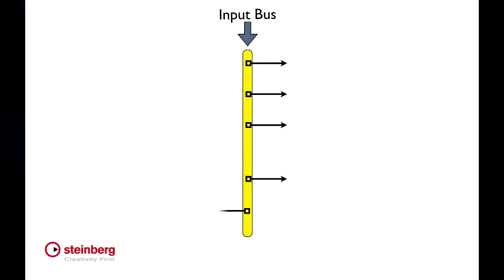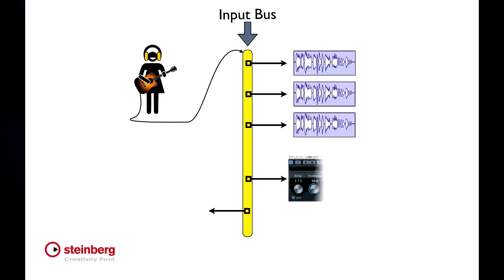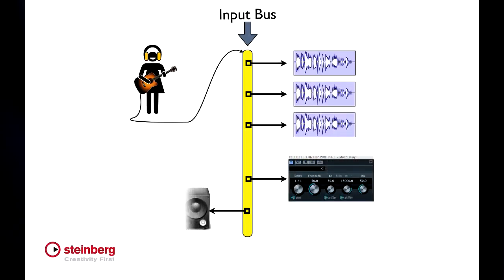So when we set up an input bus, we're creating a route within Cubase for the incoming signal. That signal can then be used by any destination along its route. This means an incoming signal can be routed to one track, several tracks, or a combination of tracks and devices, and so forth. By using buses, Cubase can use a small number of inputs to connect to a virtually unlimited number of tracks.